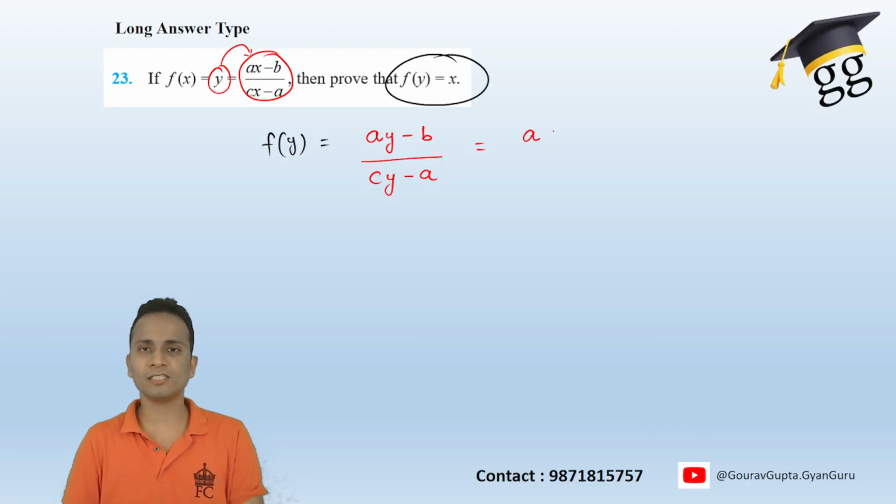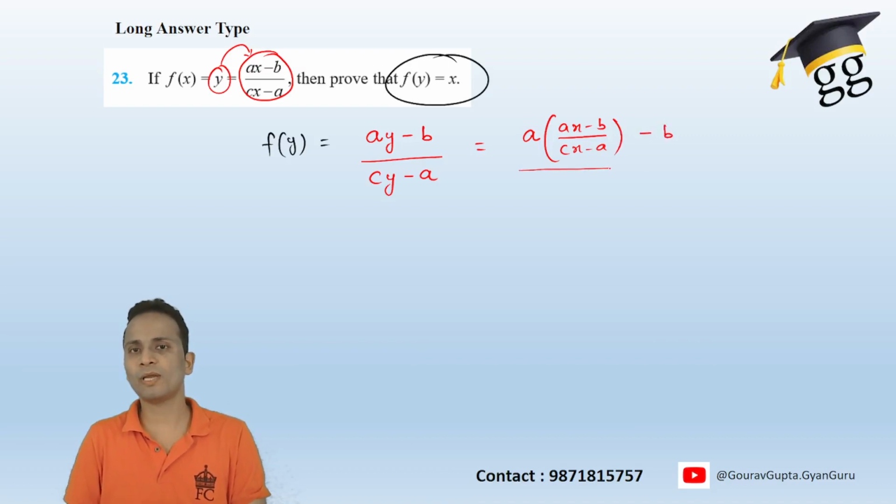So, a as it is, being very careful, ax minus b upon cx minus a, and then minus b as it is. Now look at the denominator, c as it is, and instead of y, I will substitute ax minus b upon cx minus a, and then minus a as it is in the denominator.